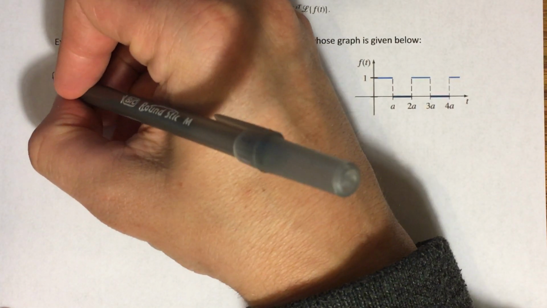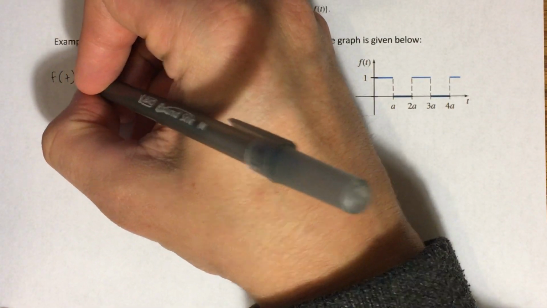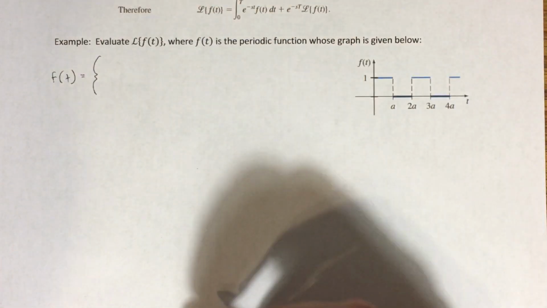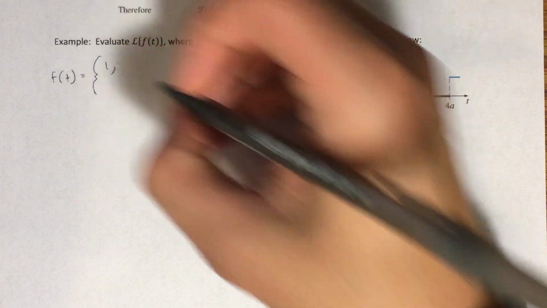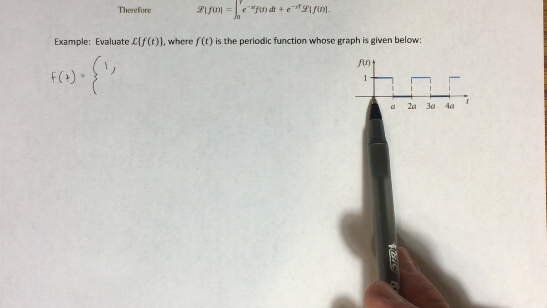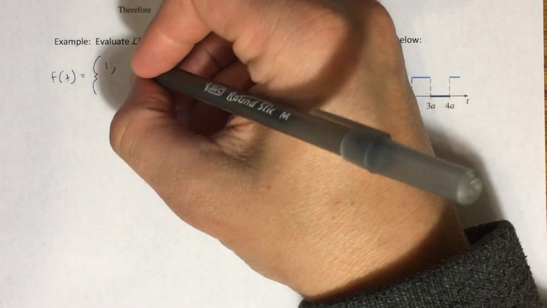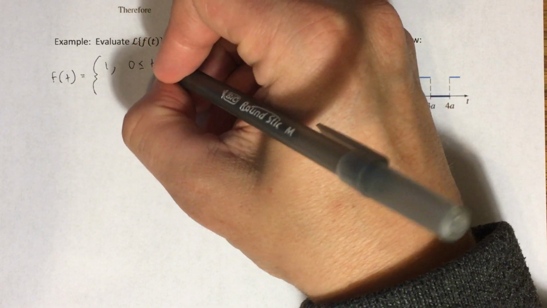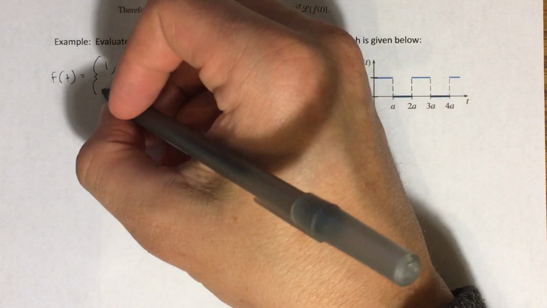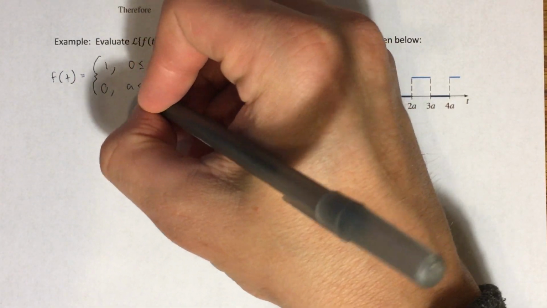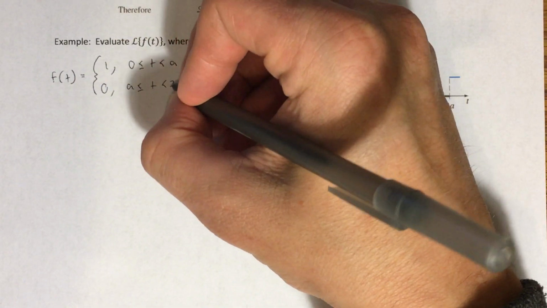I would like to come up with a piecewise function that this graph is describing. f of t is equal to 1 when t is between 0 and a. I can see that from the graph. And then it becomes 0 on the interval from a to 2a.